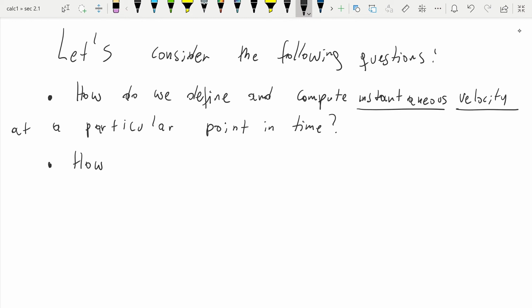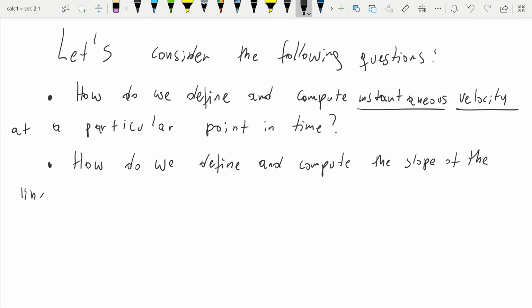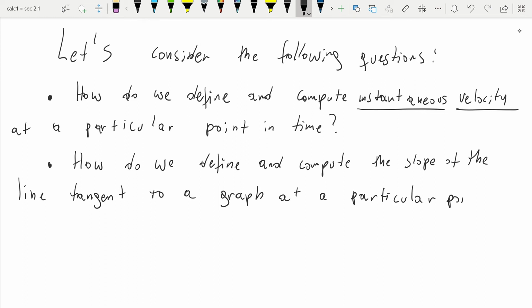In the same way, more geometrically, how do we define and compute the slope of the line tangent to a graph at a particular point?